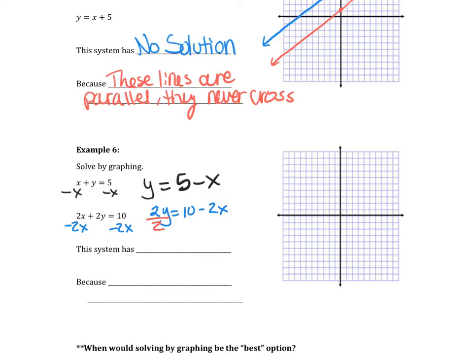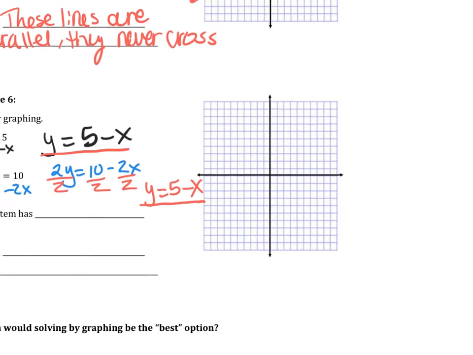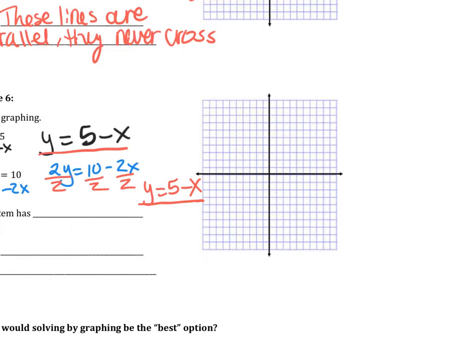Divide by 2. Everything is divided by 2. Now, what do you notice about these 2 equations? They're the same. So if we were to graph this, 1, 2, 3, 4, 1, 2, 3, 4, 5, the slope of -1.